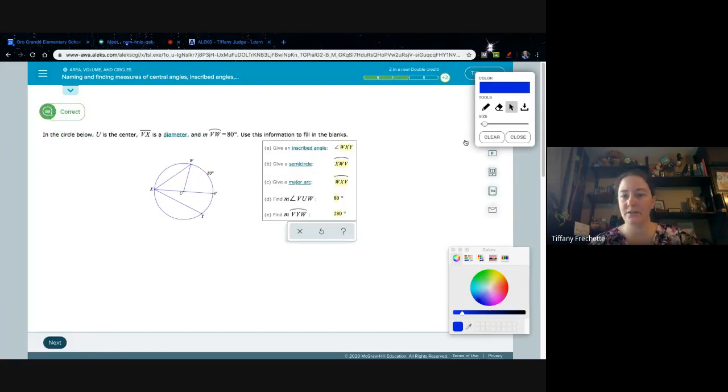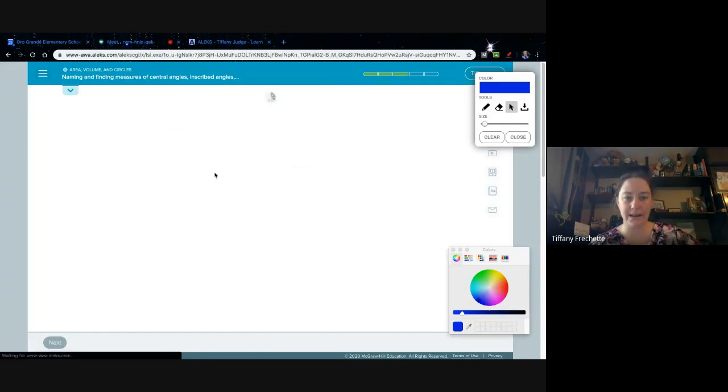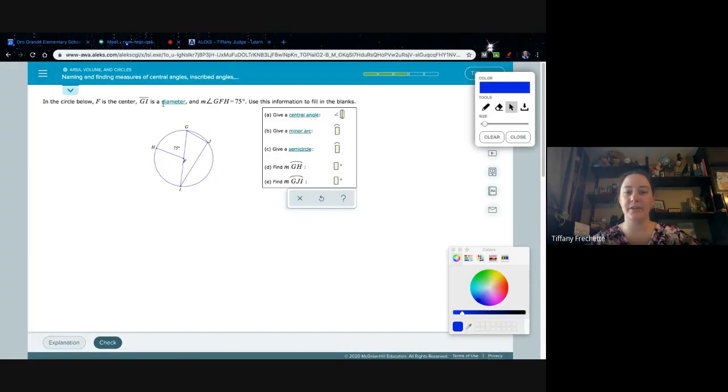Perfect. All right. So the next one, I'm not going to go through quite as detailed. I'm just going to start filling some stuff in here. So I have a central angle. So I'm going to go with GFH. GFH on that one. That's really the only central angle we have here. You can also go HFG. You could go backwards.